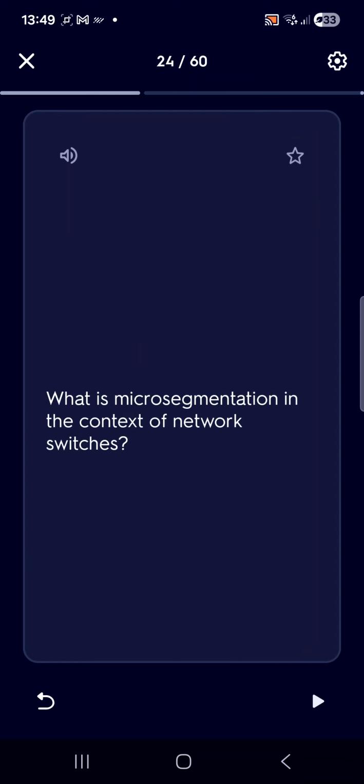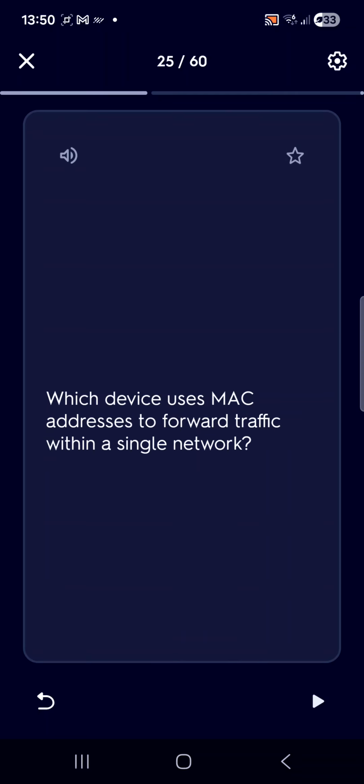What is microsegmentation in the context of network switches? That would be sending data only to the specific device it is intended for.